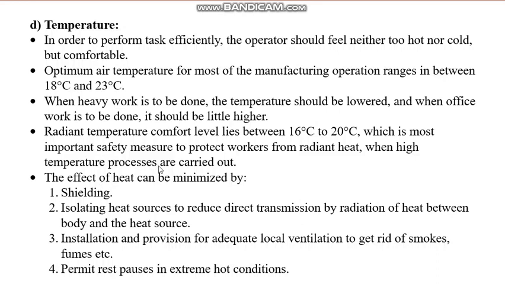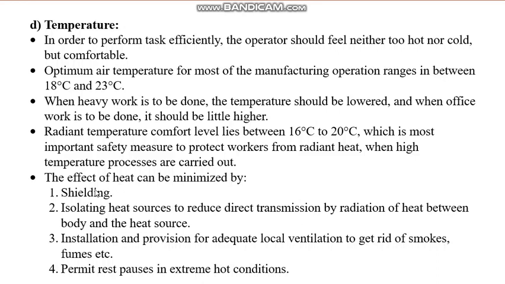Oh my, the temperatures will be so much, the radiant heat will be affecting the health of the workers.